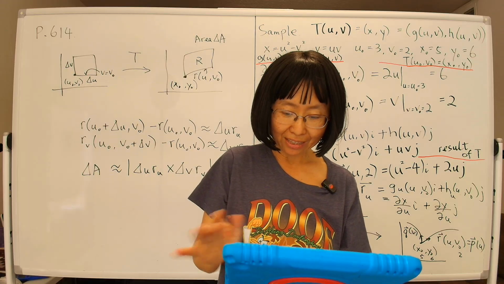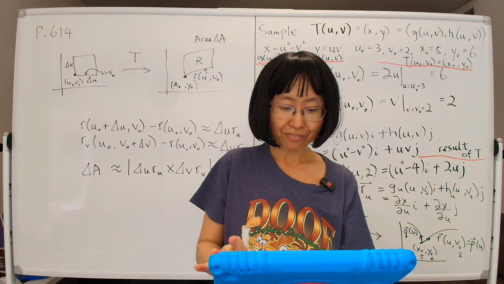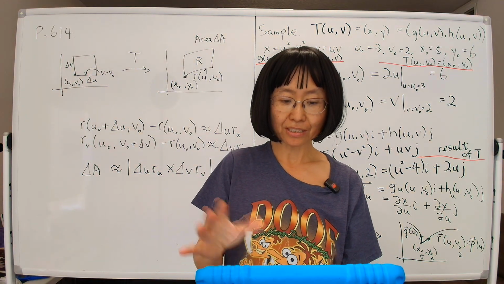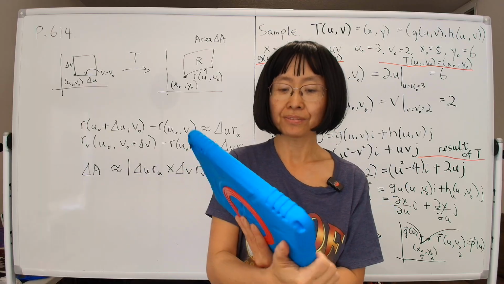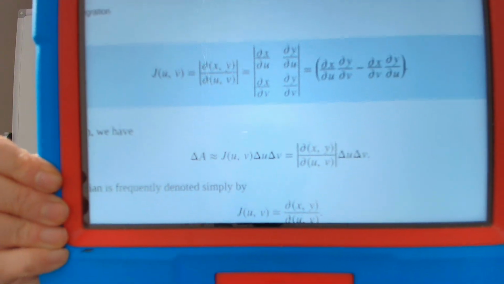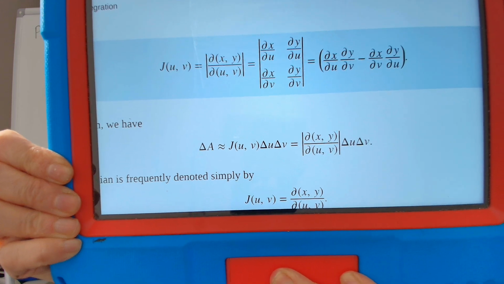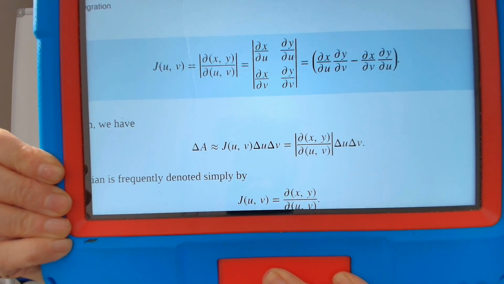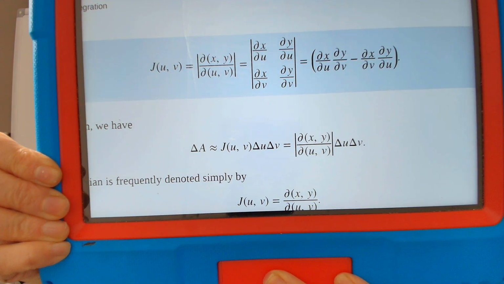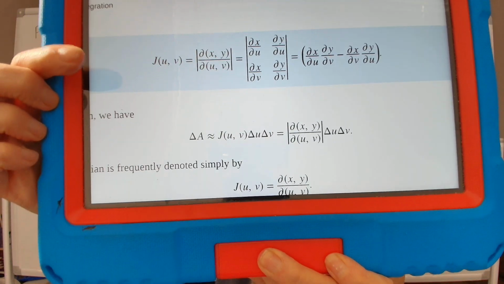And we will look at the next definition, the Jacobian, which is written as J(u,v), all right, which is sometimes written as the partial of (x,y) over partial (u,v). That's just a shorthand to mean that determinant right here.